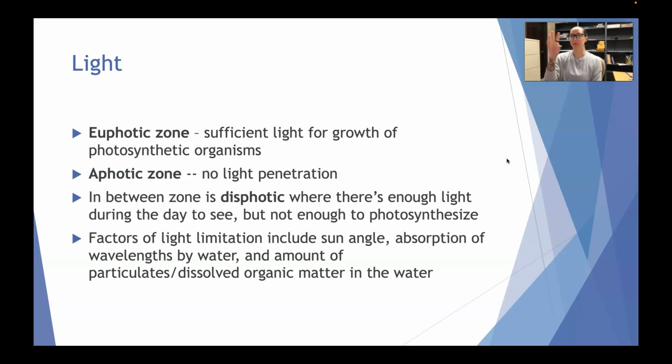When we're considering how much light can penetrate down, the euphotic zone is where there is sufficient light for growth of photosynthetic organisms. And then there's the aphotic zone, which means there's no light penetration at all. And then there's an in-between zone, which we call the dysphotic zone, where there's enough light during the day to see, but not quite enough light to photosynthesize.